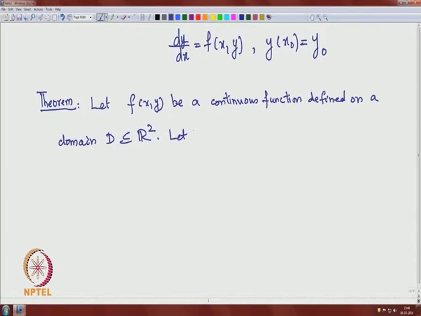Let f be Lipschitz continuous with respect to y on D.